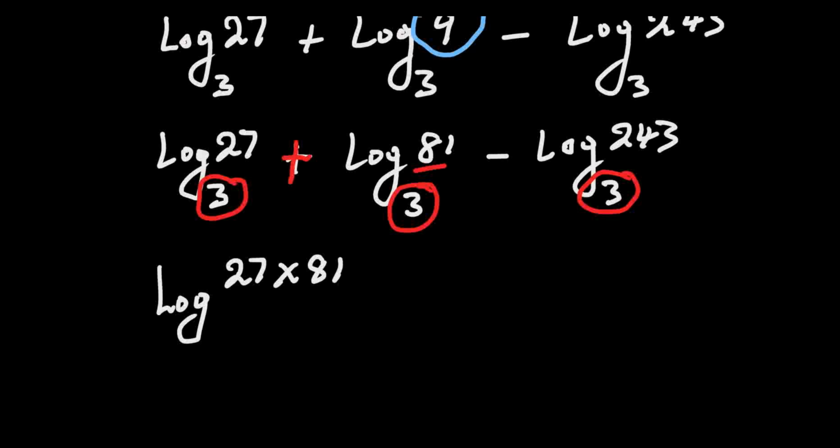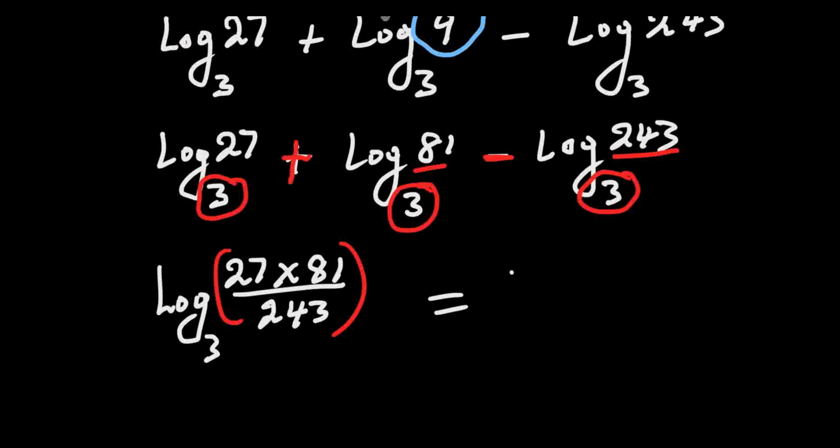And also we have a negative sign here. Therefore, we are going to divide by this. Whenever you have a negative sign, then you divide. So divided by 243 to base 3.